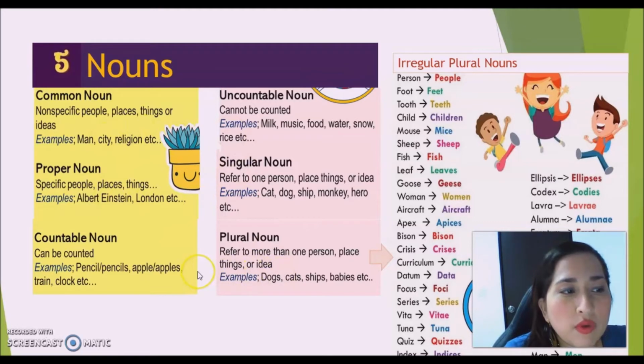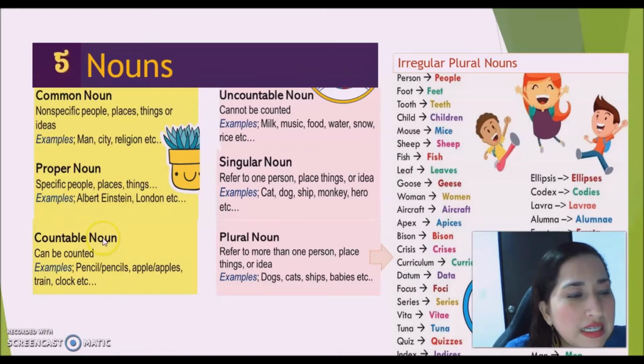But it's very important that you remember that common nouns are not specific. For example, man, city, religion, in general. Proper nouns are related to specific places, specific people. Albert Einstein, London is about cities and a specific place.